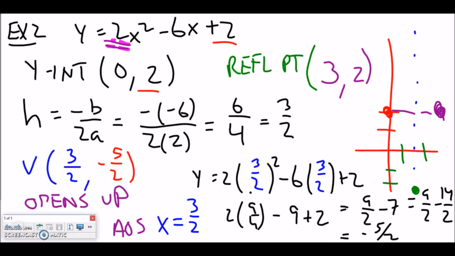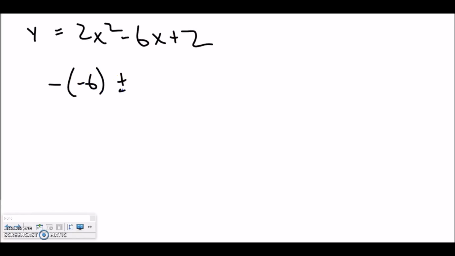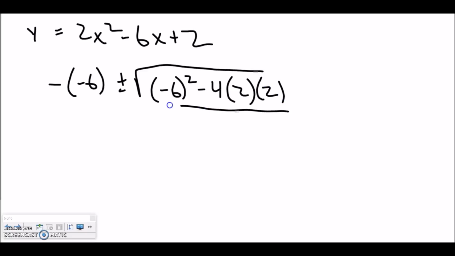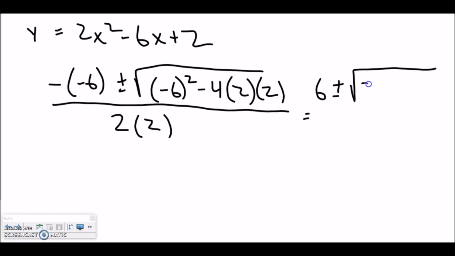So we have our entire list except for our x-intercepts. And again, to do that, we just use our quadratic equation. Negative b, which is minus a negative 6, plus minus the square root of b squared minus 4 times a times c, all over 2 times a. So 6 plus minus square root 36 minus 16, all over 4.